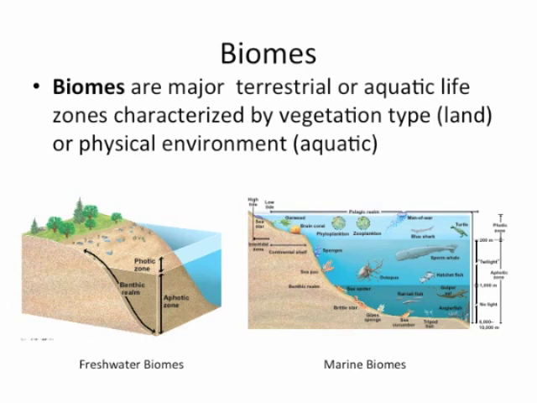We really can split up the Earth into regions called biomes. Biomes are terrestrial or aquatic life zones that are characterized by the type of vegetation, which is how we characterize them on land, or the actual physical environment, which is how we do it for aquatic biomes.